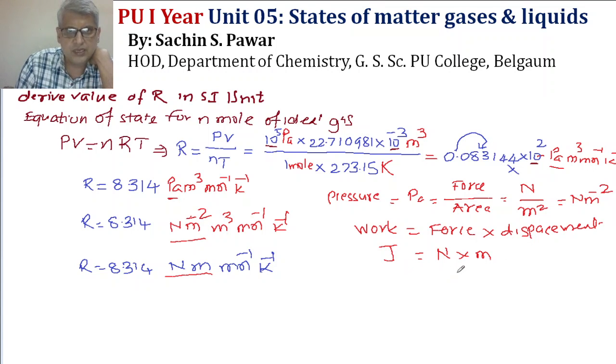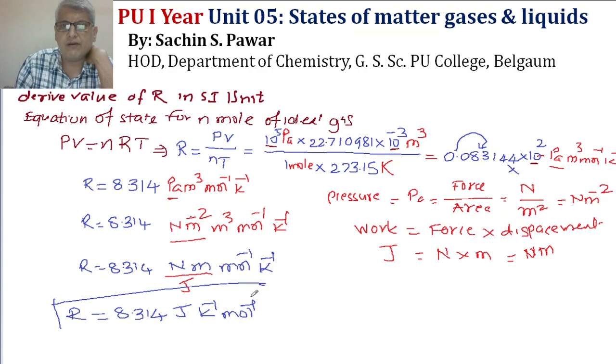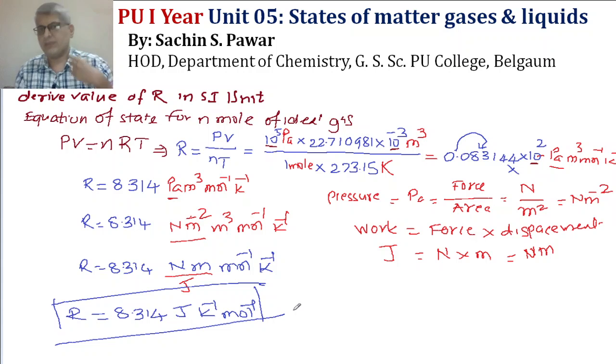Newton meter is joule. So the value of R in SI unit becomes 8.314 joules per mole per Kelvin. This is the SI unit value of R derived for you.